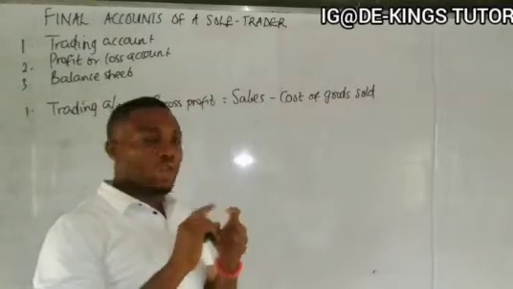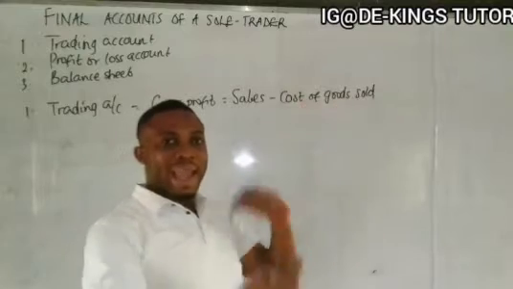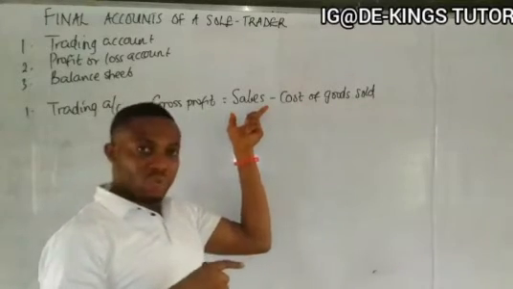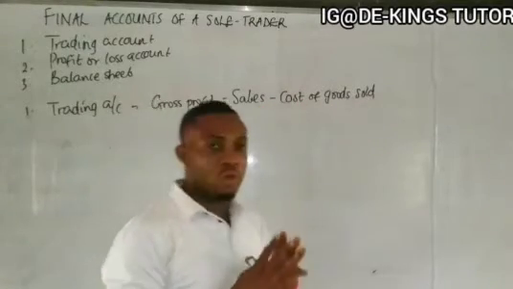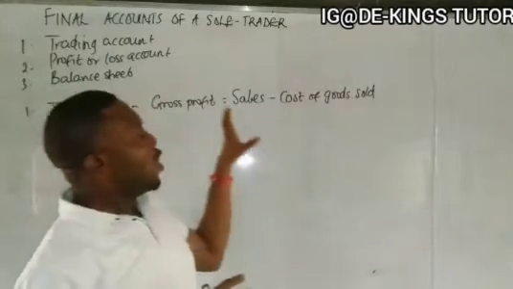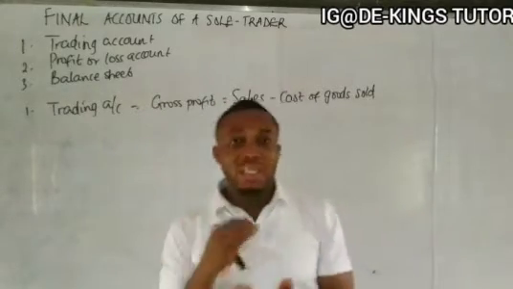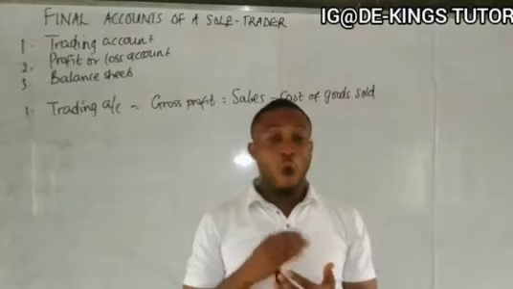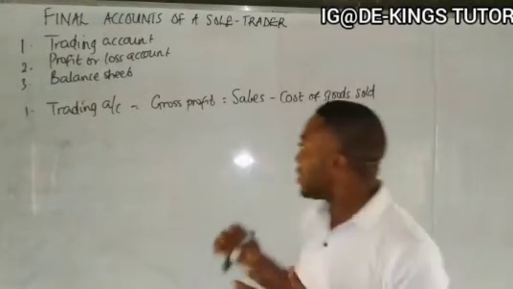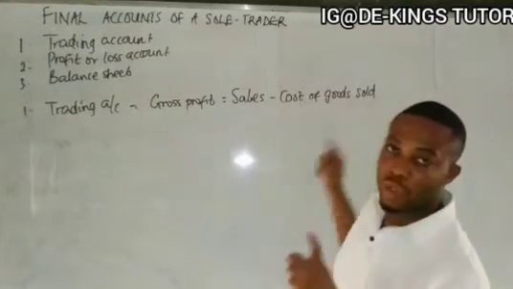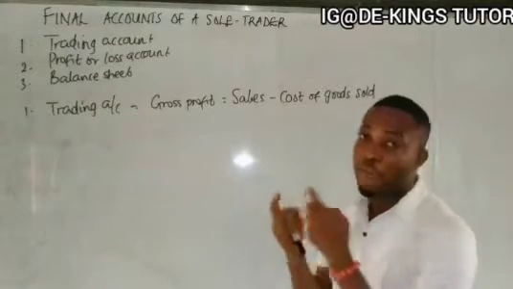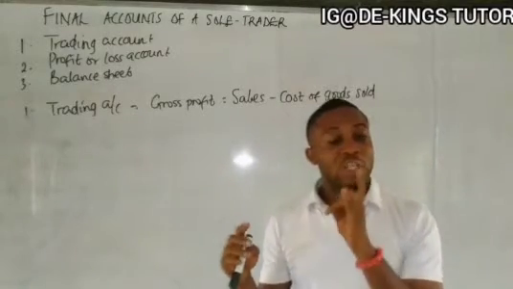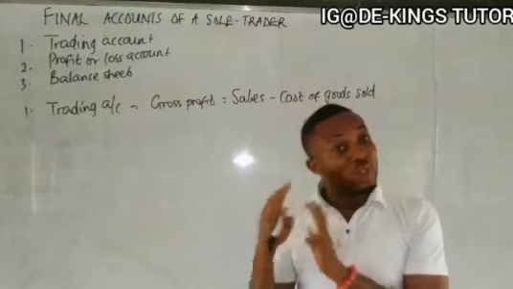But when it is gross loss, it means the cost exceeds the sales. So in the trading account, what I want to see is gross profit or the gross loss, and it is gotten by deducting the cost of goods sold. Now, it is not the cost of all the goods; it is only the cost of goods sold.